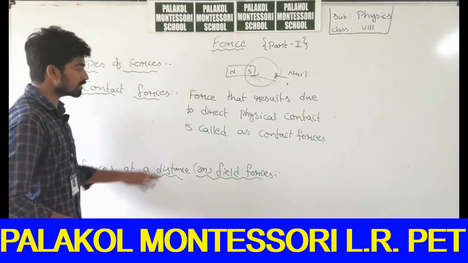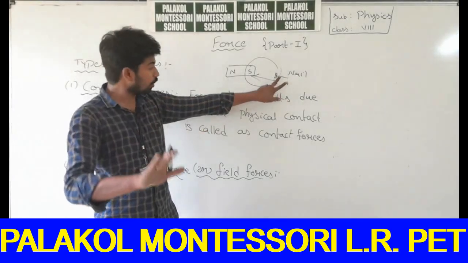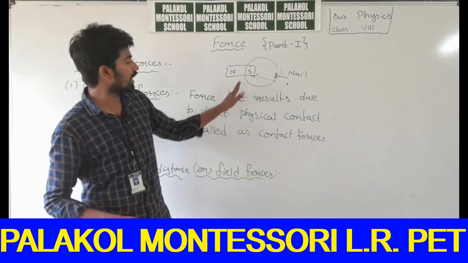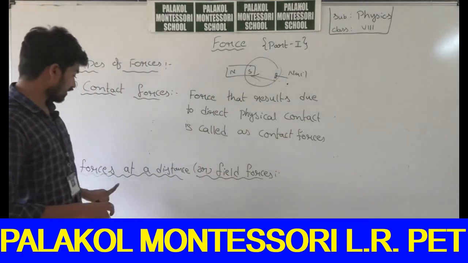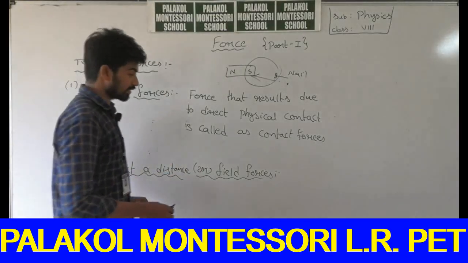What is the definition of this? The force is acting on the nail without any direct physical contact. So, such a force is called a field force. What is meant by field forces, or force at a distance?